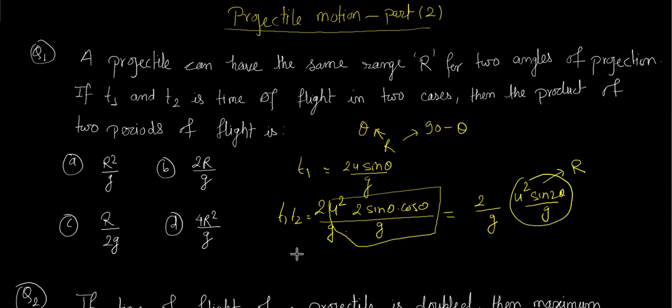So we can easily say that the product of the two time periods is 2R by g. That's why our correct answer is option B.